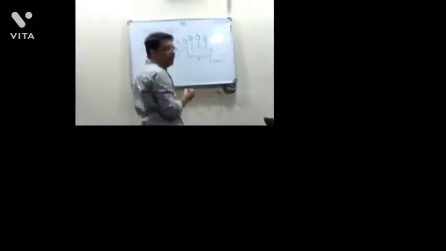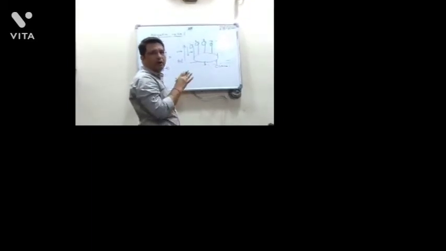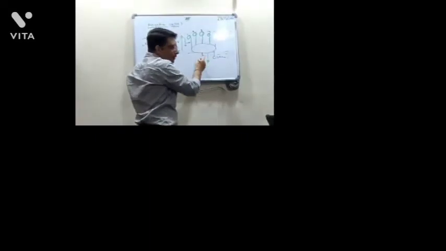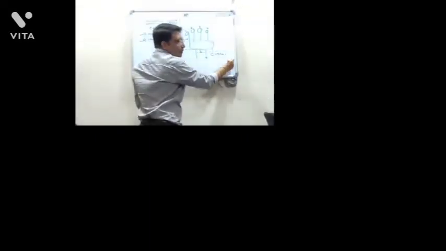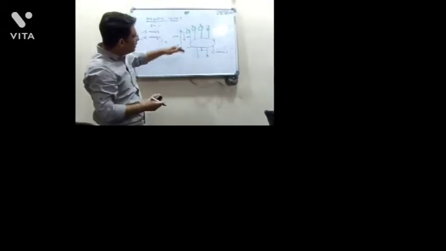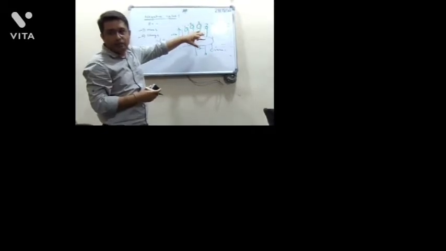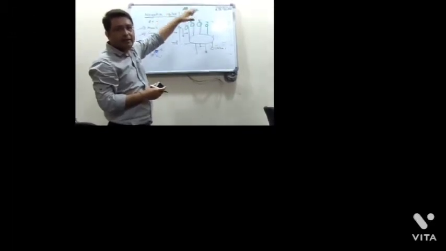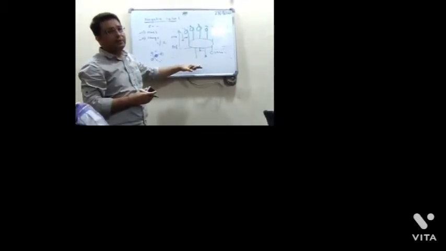This disk will come at this position. Are you getting my point or not? Similarly, if I connect another stone, it will go into the next level, right? Now you can say that from this reference level, the disk is moving in one direction as well as in the opposite direction, right?